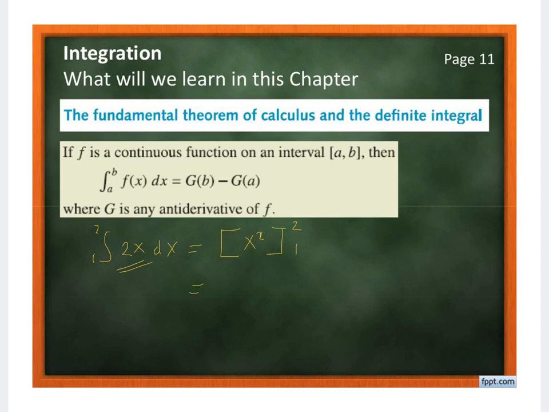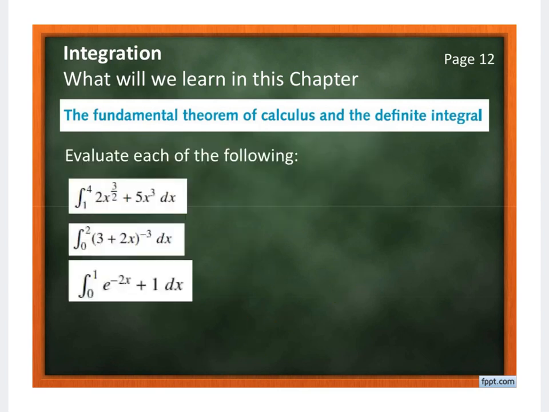The interval is 1 to 2, so 2 squared minus 1 squared, 4 minus 1, equals 3. You'll see another exercise. We will try to do number 1 first.